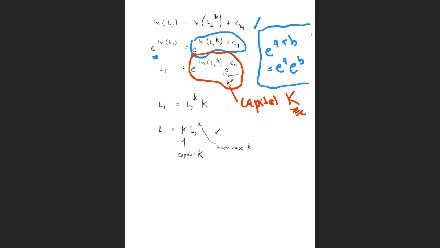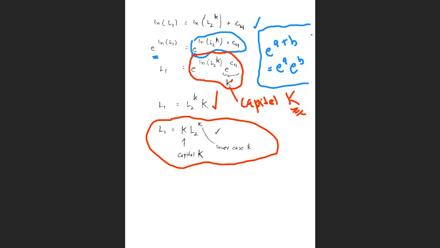So you have little k and big K. This equation reduces to L1 equals L2 to the little kth power times big K. So L1 is equal to capital K times L2 to the kth power, where k is lowercase. That's how you'll write it in WebAssign. Okay, that's how that last one is.